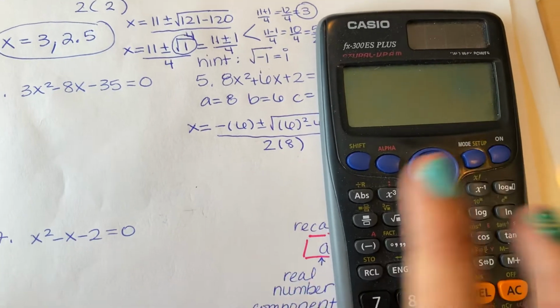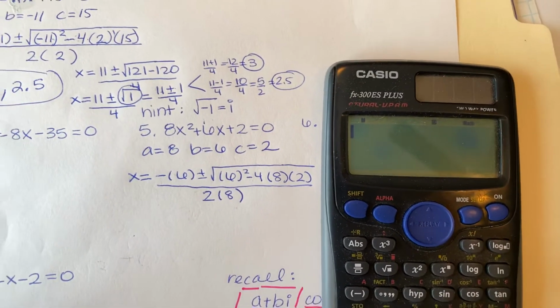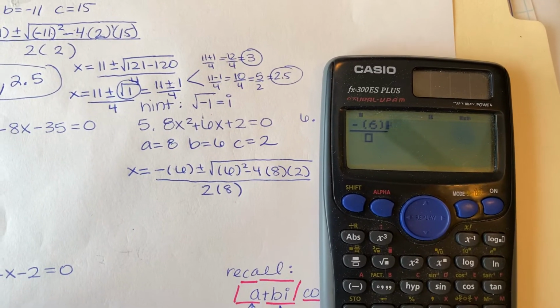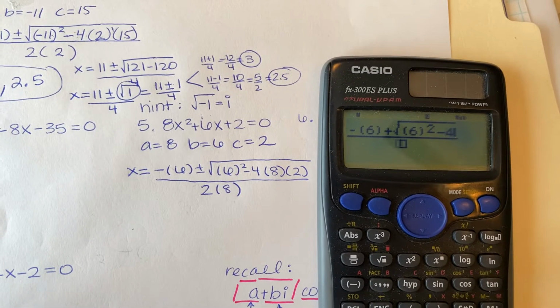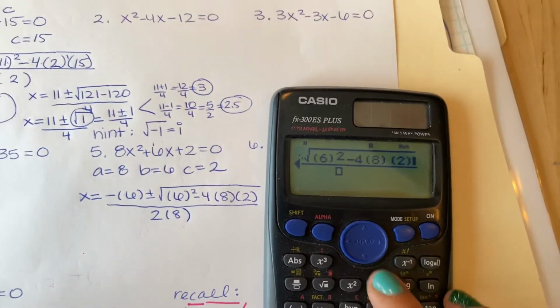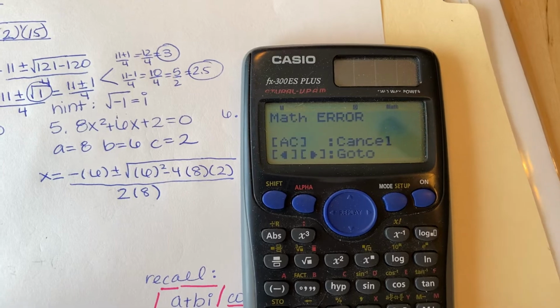Okay, I so badly want to get rejected, so let's throw this in the calculator. Okay, minus parentheses 6 plus square root 6 squared minus 4, 8, 2, all over 2a. Okay, here we go.